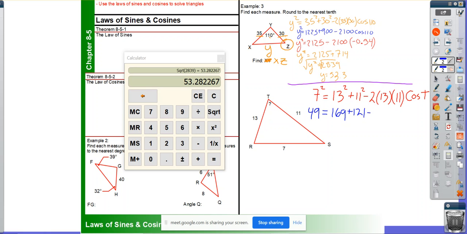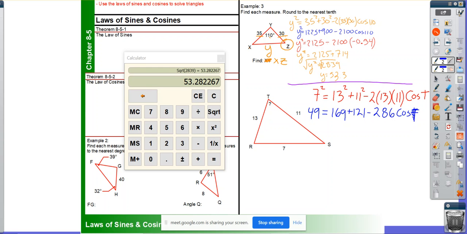We can also go ahead and multiply 2 times 13, which is 26, and 26 times 11 is 286. And then we would have to do negative 286 times the cosine of t.